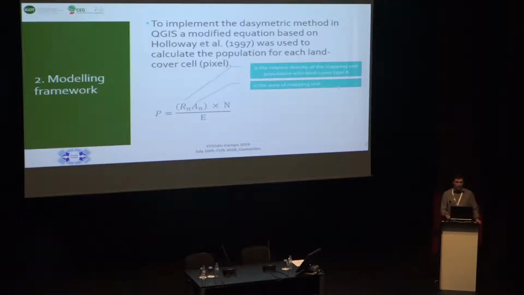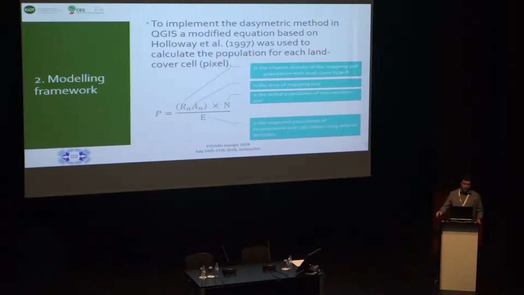And then we have to select the resolution that we want for our final map. And then we have to convert the population from the vector origin to raster. And then we have to calculate the E parameter, that is the expected population of the enumeration unit, calculated using relative densities.